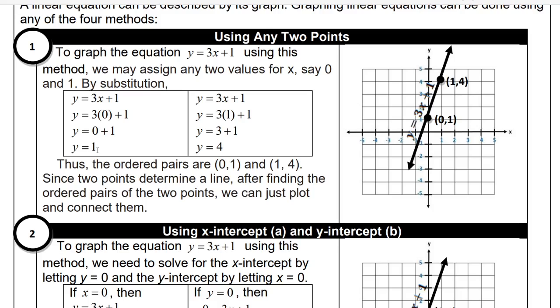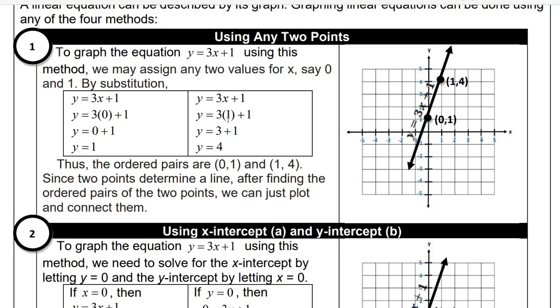So therefore, you have now an ordered pair. When x is 0, your y is 1. Another, when x is 1, just multiply 3 times 1 plus 1. 3 times 1 is 3 plus 1. 3 plus 1 is 4.